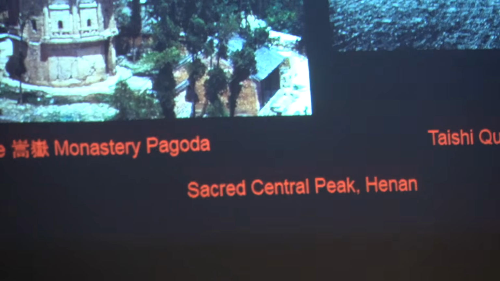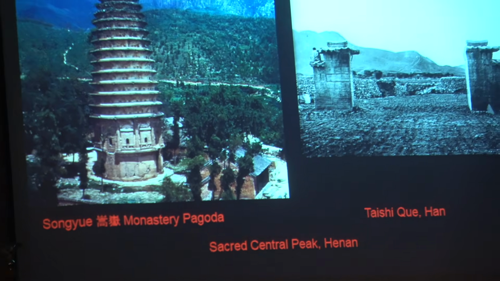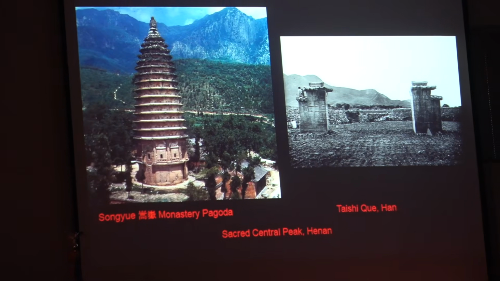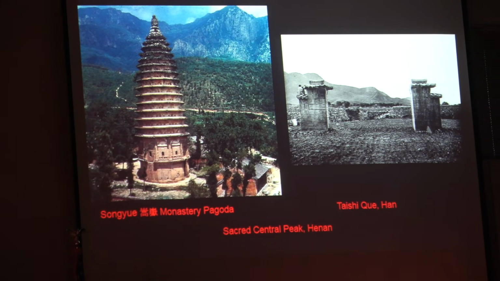This Songyue Monastery pagoda that I've shown you is also part of the continued use of sacred space. I showed you the gate towers of the Han Dynasty before. I showed you Chue. I didn't show you these two. The sacred Buddhist peak Mount Sung contains architecture erected by Han emperors.